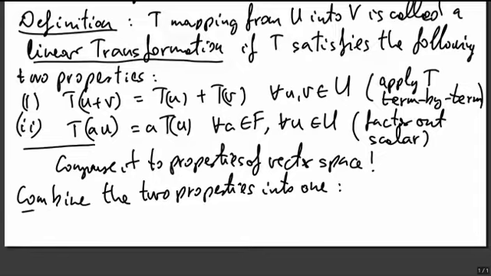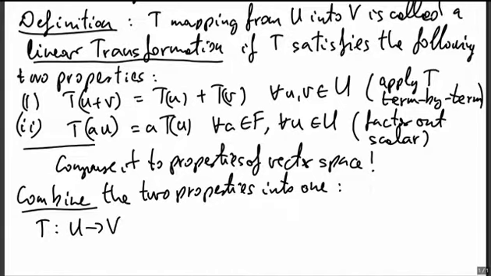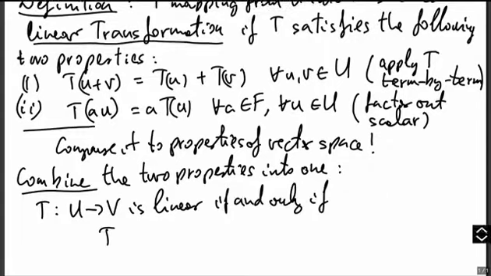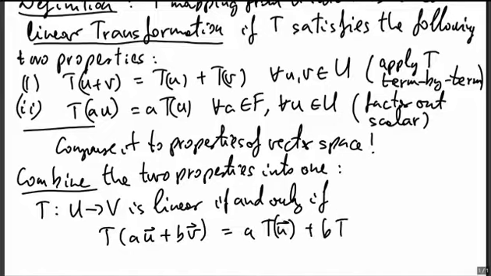So now the combination of the two properties is that T from U into V is linear if and only if T of a times u, and now let me emphasize which one is the vector, plus b times v equals a times T of u plus b times T of v. So again we can apply T term by term and also factor out the scalars.